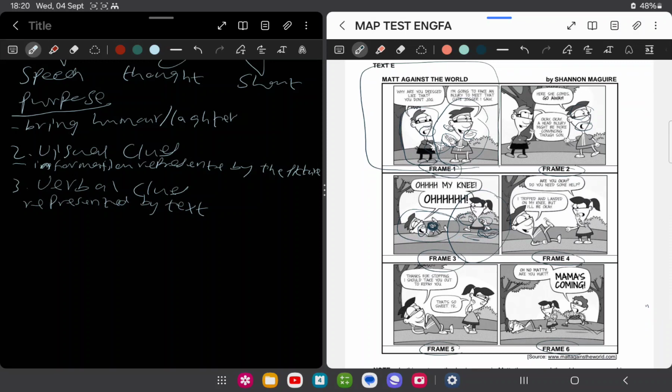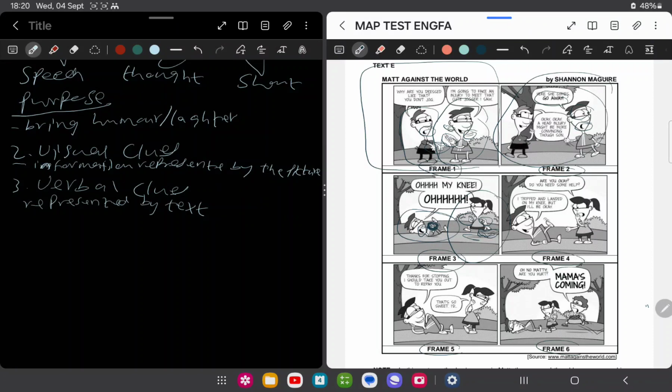I hope you understand what I mean by visual clues. Then for the verbal clues, you can look at frames 2, 3 and 6. I want to emphasize something. In frame 2, the verbal clue 'go away' shows that he is shouting go away. The boy tells his father to go away.